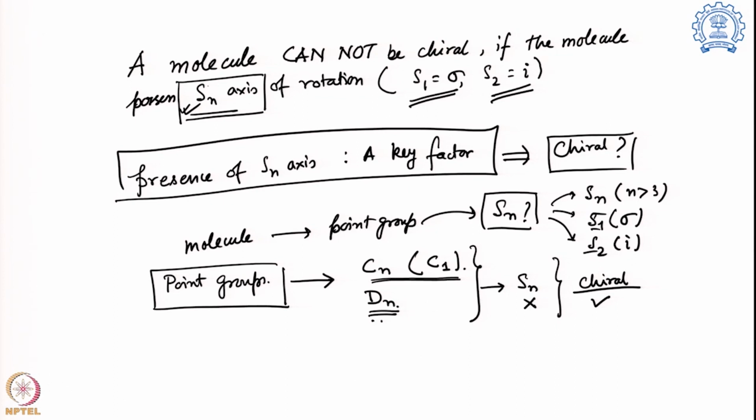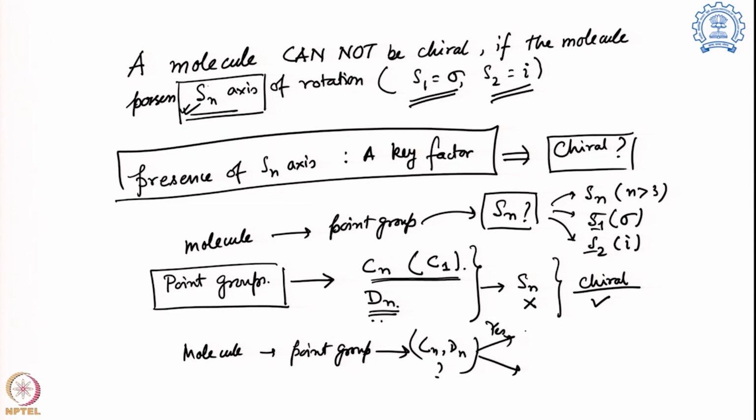So, take a molecule, find out the point group and just see whether it is Cn or Dn. If yes, then it is a chiral molecule, and if it does not belong to Cn or Dn, then it cannot be chiral, it is going to be an achiral molecule.